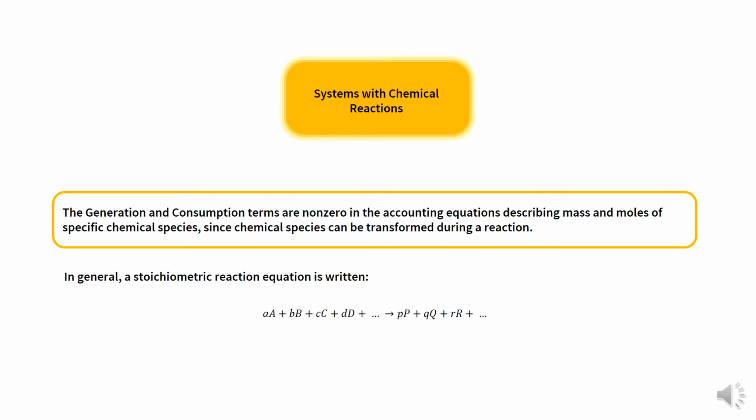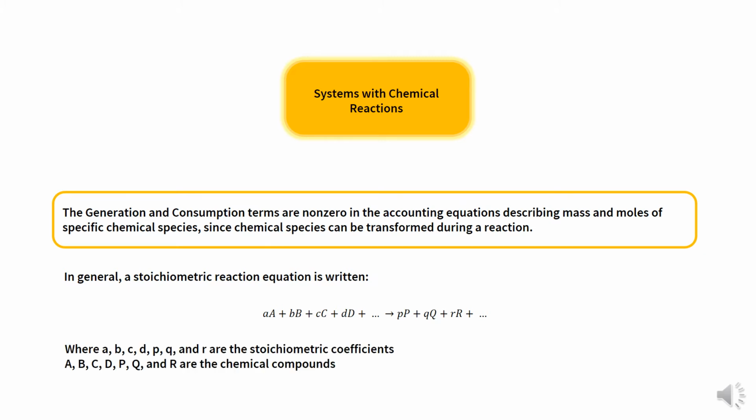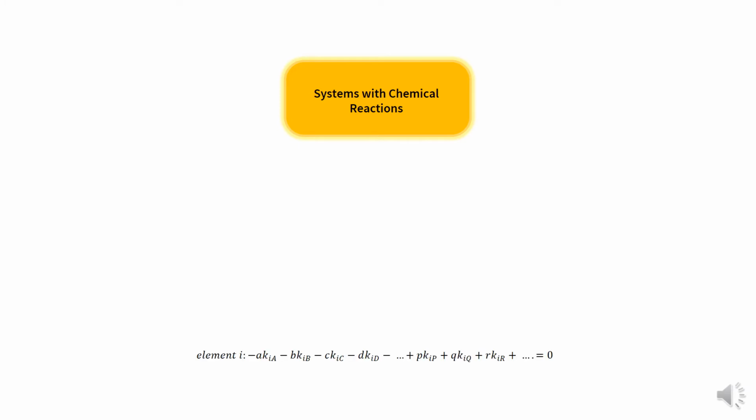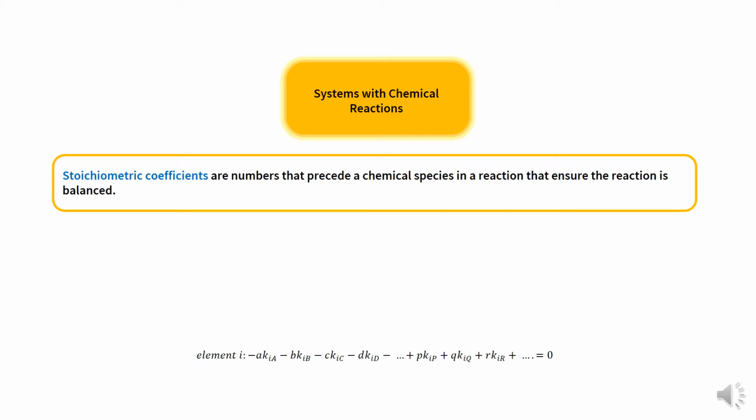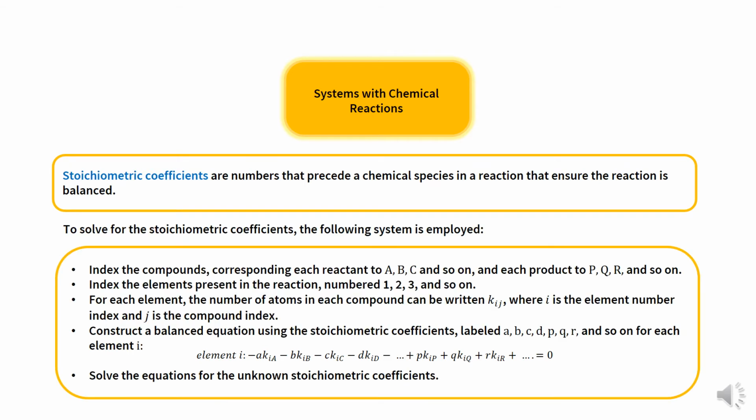In general, a stoichiometric reaction equation can be seen in this slide, where a, b, c, d, p, q, and r are the stoichiometric coefficients, and capital A, B, C, D, P, Q, and R are the chemical compounds. Stoichiometric coefficients are numbers that precede the chemical species in a reaction that ensure the reaction is balanced.